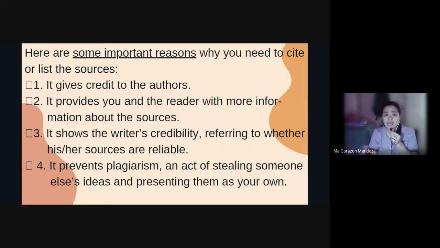Now, class, here are some important reasons why you need to cite or list the sources. Number one, it gives credit to the authors or the writers. Number two, please read. Thank you.